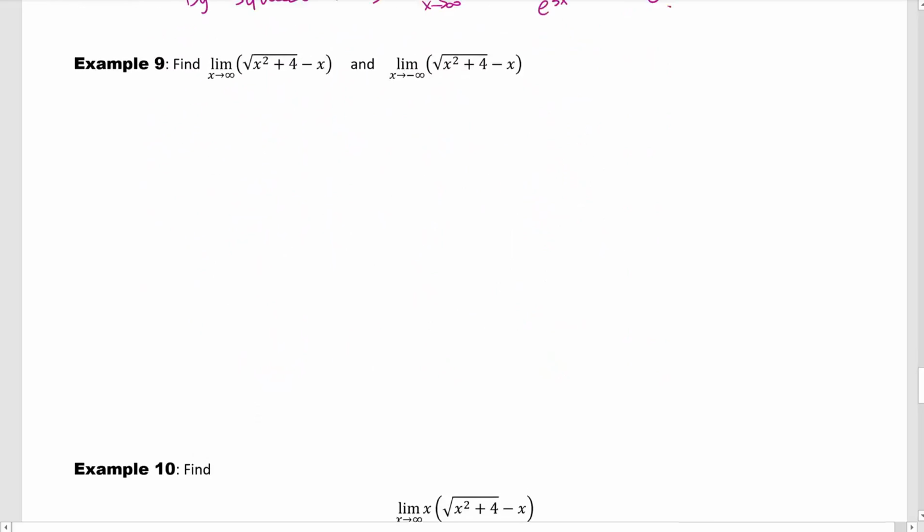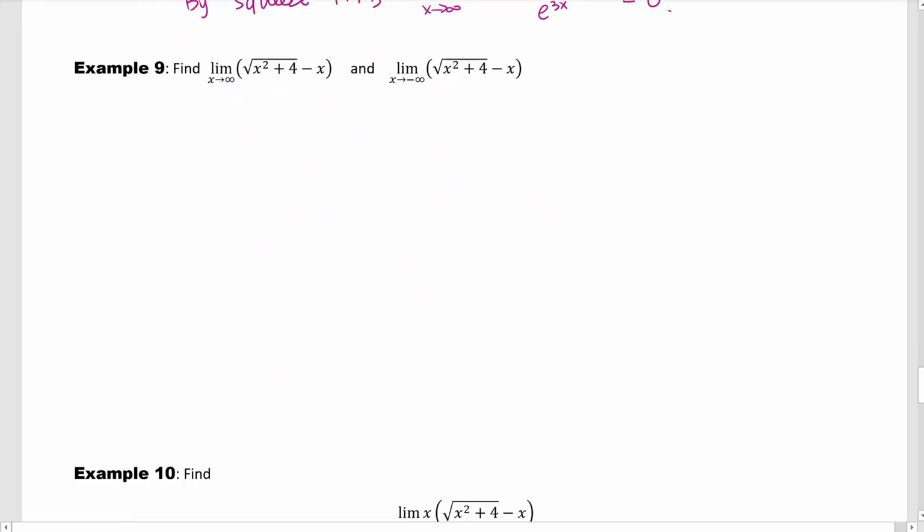Example 9. We want to find the limits about two functions. Okay, so we have two functions. Let's see. First, remember when we compute the limits, the first step we try to plug in and to see whether we can come up with an answer. So here, when we plug in, we have infinity minus infinity, right? Oh, do we know what that is?